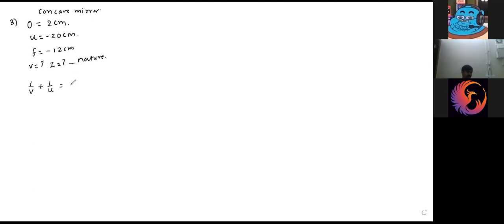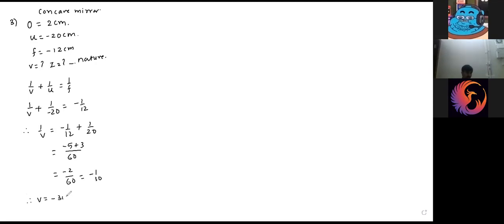So 1 by v, with u as minus 20, is minus 1 by 12 plus 1 by 20. Taking the minus across, 1 by v is minus 1 by 12 plus 1 by 20. This is 60: minus 5 plus 3 is minus 2 upon 60, which is minus 1 by 30. So we can write here, therefore v is equal to minus 30 centimeter.